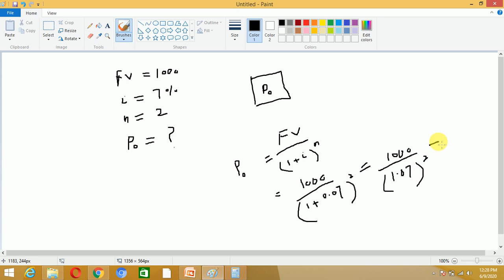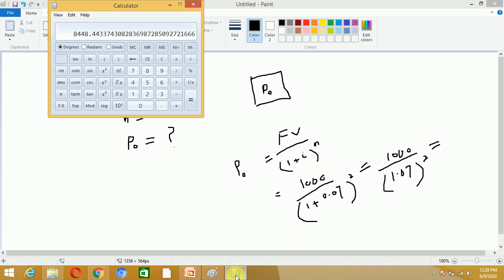So now calculate it with the help of the calculator. The calculator is available. 1.07 power 2. So now see, check. 1.07 raised to the power, I told you, 2. So we got 1.1449.